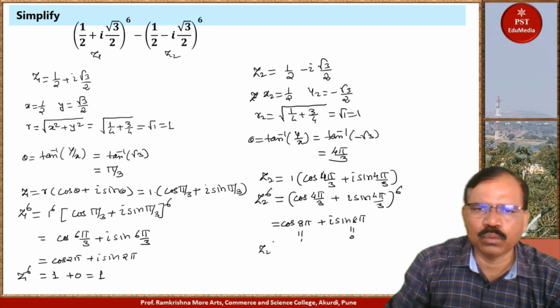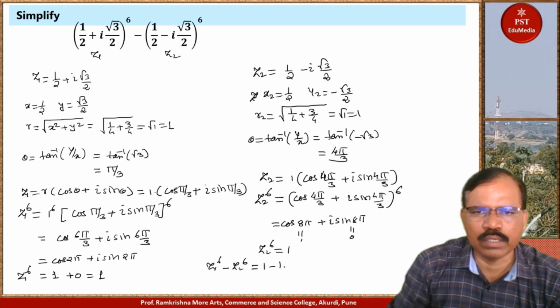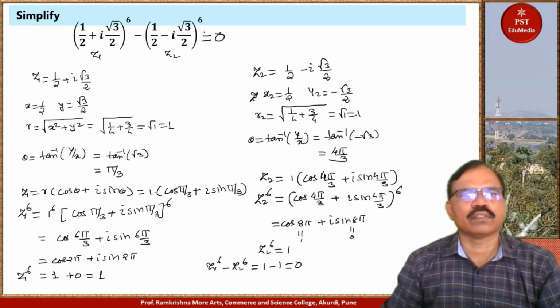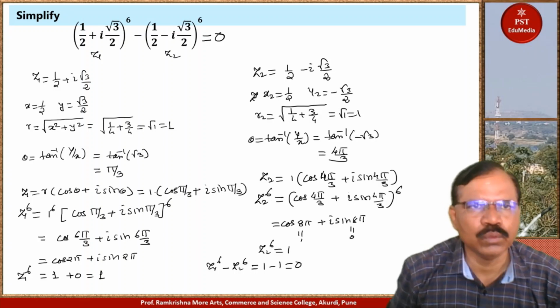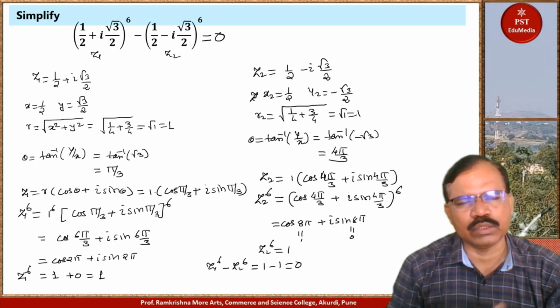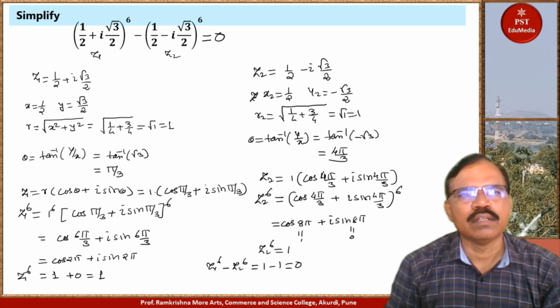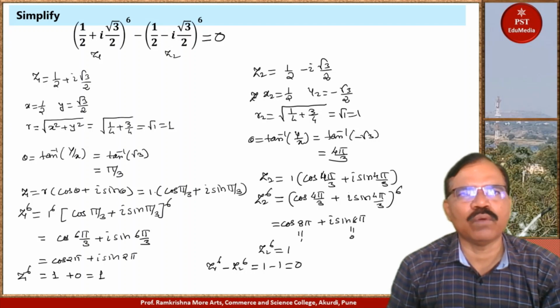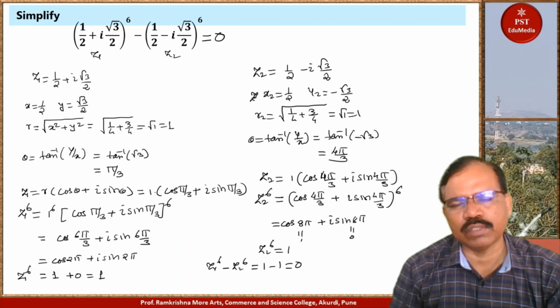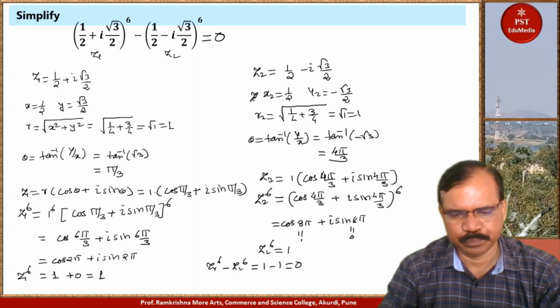So z2 raised to 6 is equal to 1. So z1 raised to 6 minus z2 raised to 6 is equal to 1 minus 1 is equal to 0. So this problem will give you value 0, that is 1 half plus i root 3 by 2 bracket raised to 6 minus 1 half minus i root 3 by 2 bracket raised to 6 will be equal to 0.